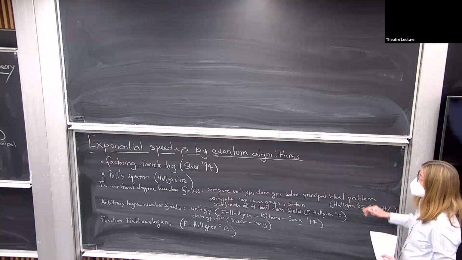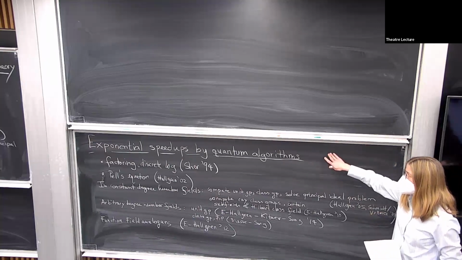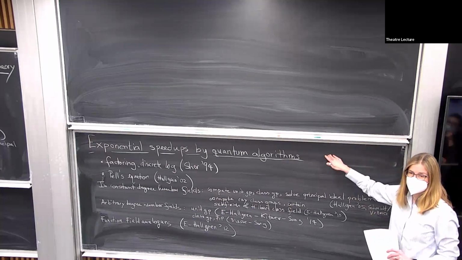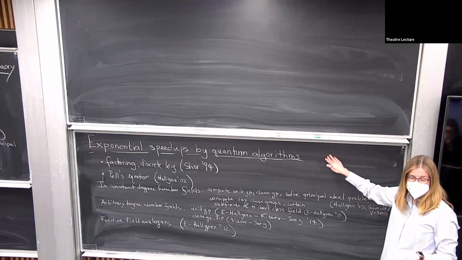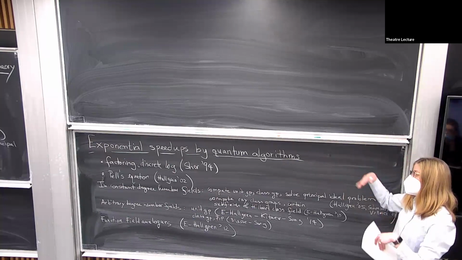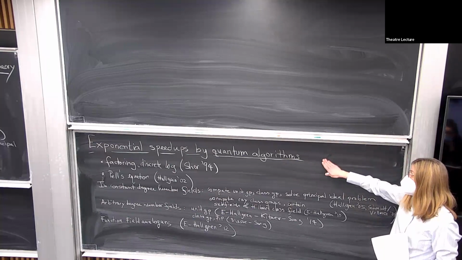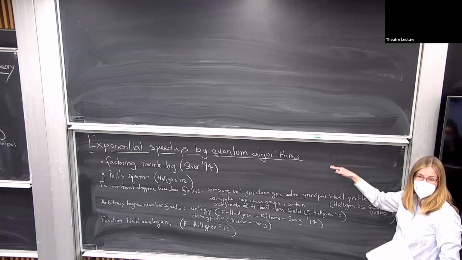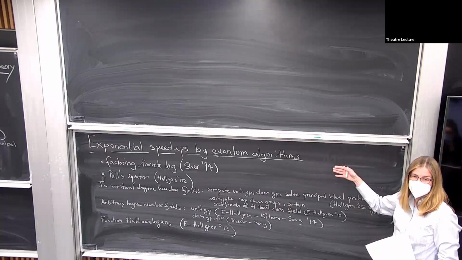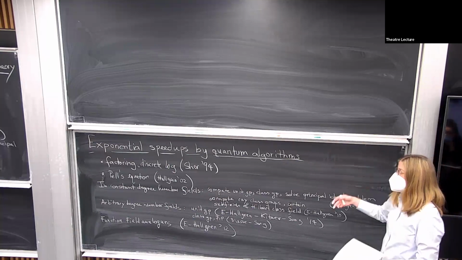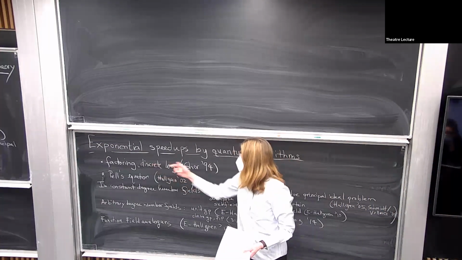So I want to talk about exponential speedups by quantum algorithms. What do I mean by that? It means that there is a quantum algorithm that is exponentially better than the best known classical algorithm for a problem. So of course, right now factoring is on this list.